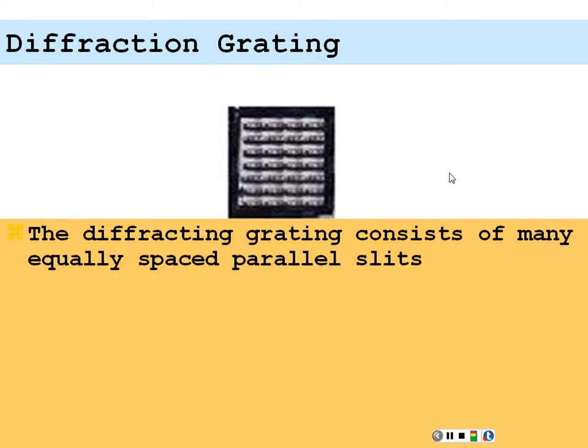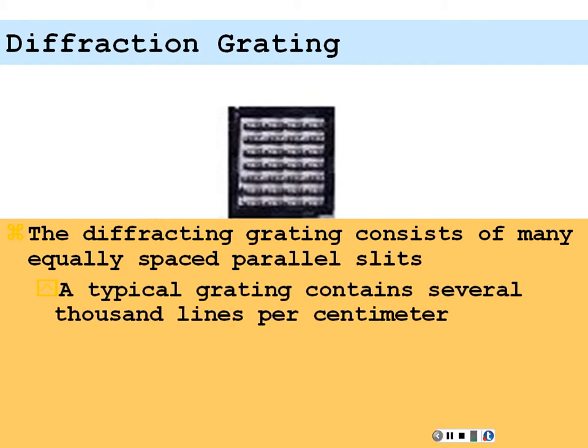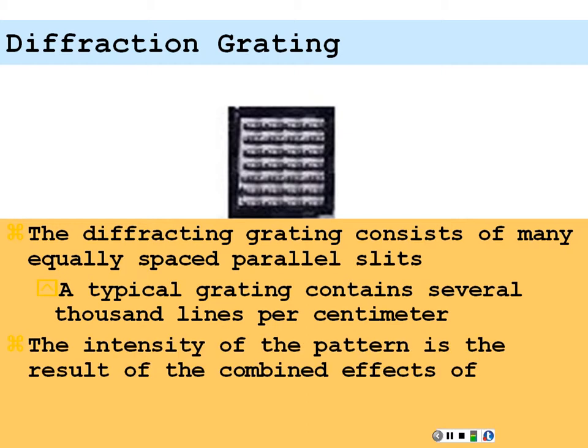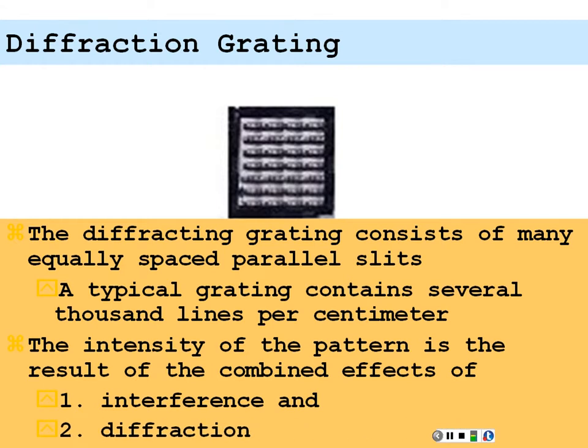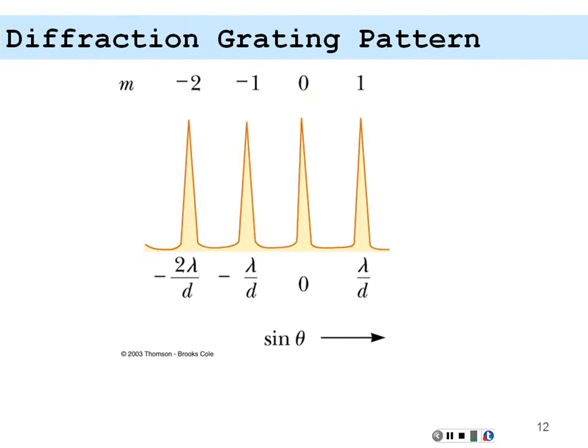This diffraction grating consists of many equally spaced parallel slits. A typical grating contains several thousand lines per centimeter. The intensity of the pattern is the result of the combined effects of interference and diffraction, superimposed with each spacing and each slit, hence giving us a very good consistent pattern of maxima separated by broad minima.